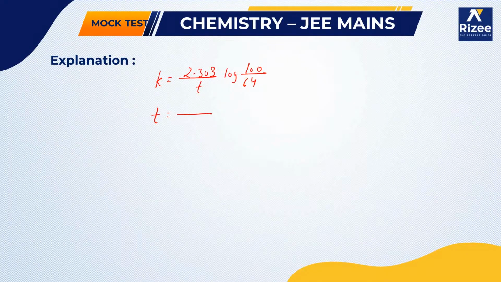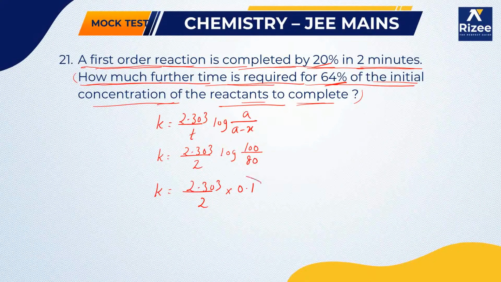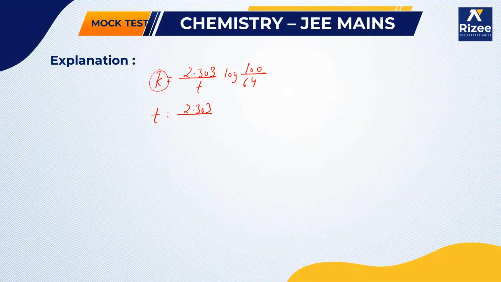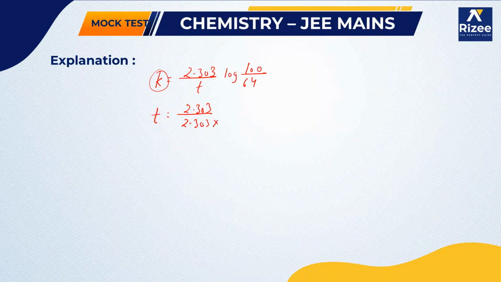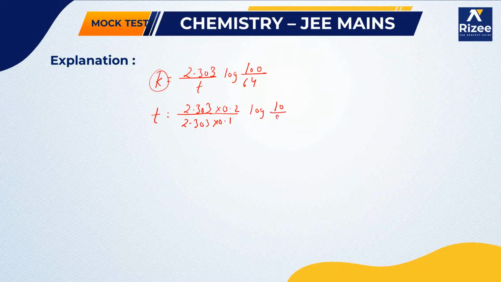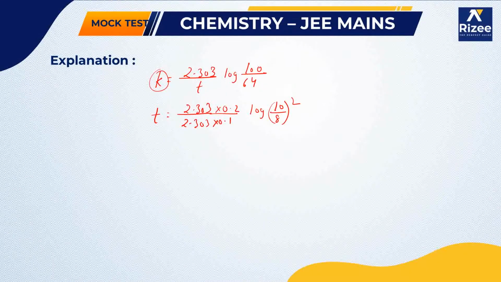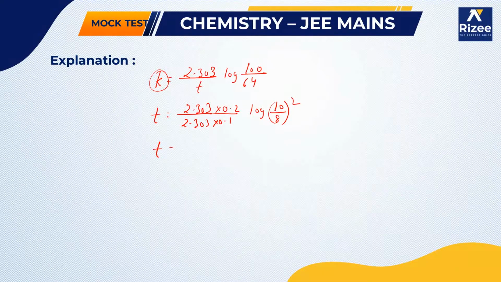T is equal to 2.303 by K, and the K value we have already got. It is nothing but 2.303 into 0.1 by 2, so we can write 2.303 into 0.1 into 0.2, log of 10 by 8 square. Upon solving this, you can find t is equal to 4 minutes.